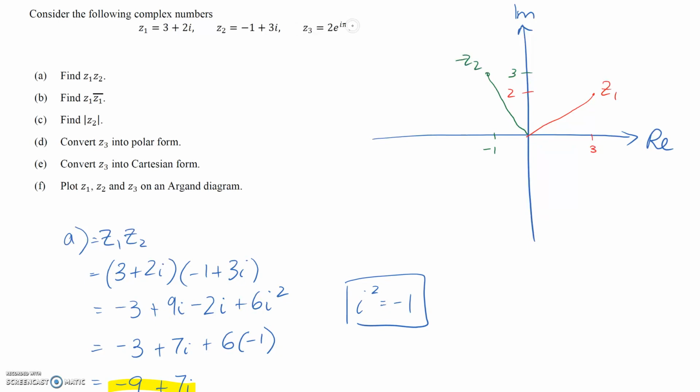And lastly, we have Z3, so we can either deal with it in our exponential form, or maybe what's easier is that we already decided that this was equal to -2 a moment ago in Cartesian form. So let's just use Cartesian form, that's going to be easier. -2 on the real axis sits somewhere out here. It doesn't have an imaginary part, so therefore it's just going to sit like this, and that would be Z3.